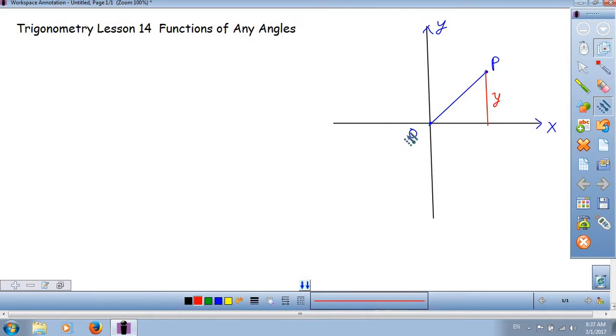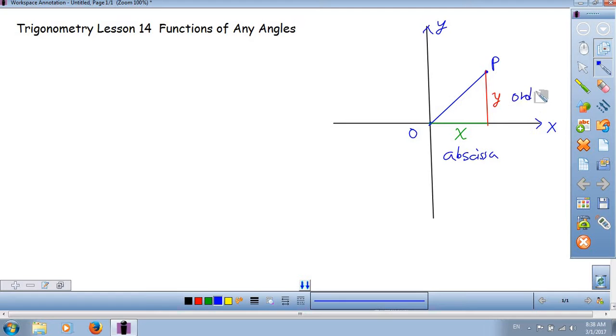And the distance from P to the y-axis is called x. That's called the abscissa. You may have heard that before, or you may not. Again, for point P, the distance from point P to the y-axis is called x. It's called the abscissa, A-B-S-C-I-S-S-A.